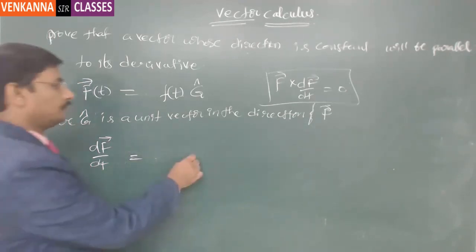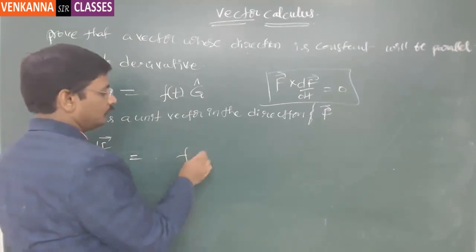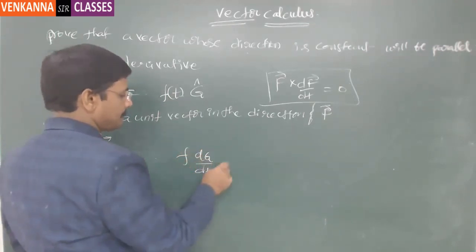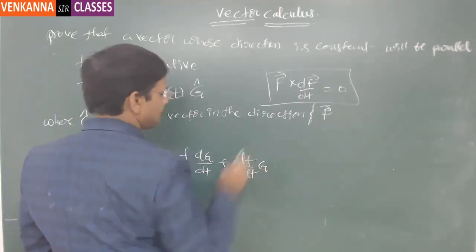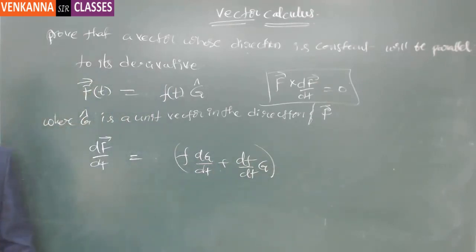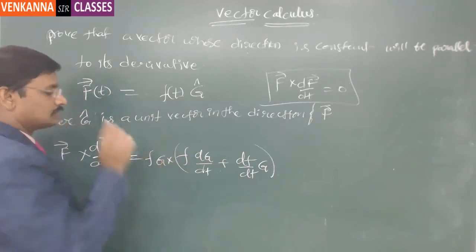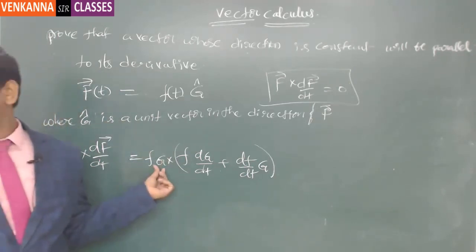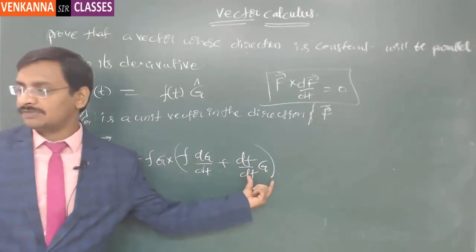Okay, so this one: df by dt is nothing but f into dg by dt plus df by dt into g, right? So this is the df by dt value. Now here, if you apply a cross product on this, then this is f into g cross (f into dg by dt plus df by dt times g).